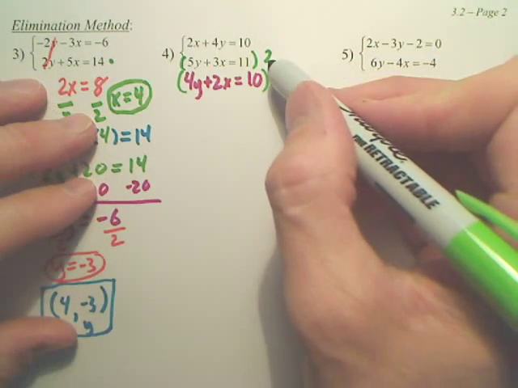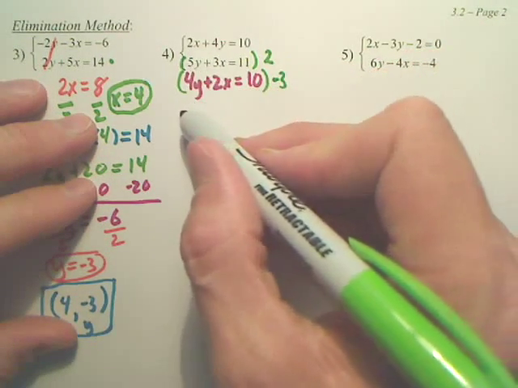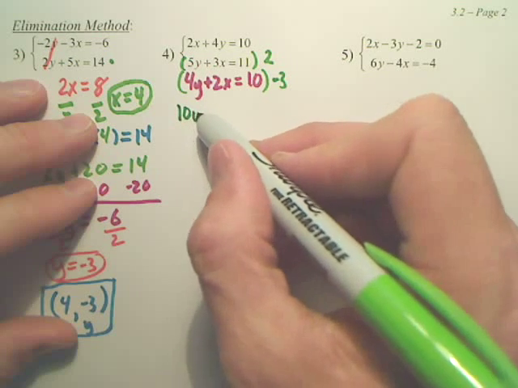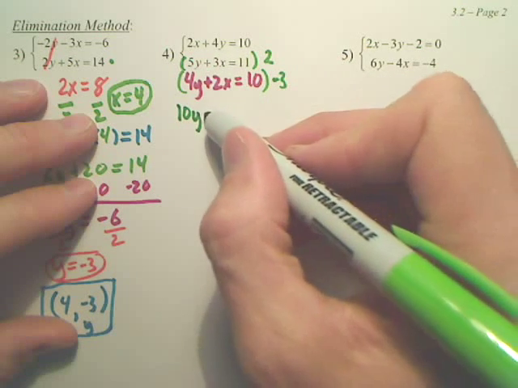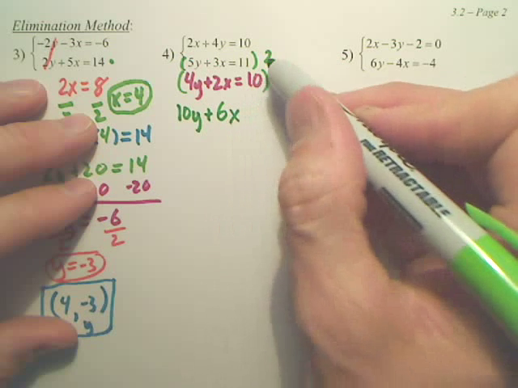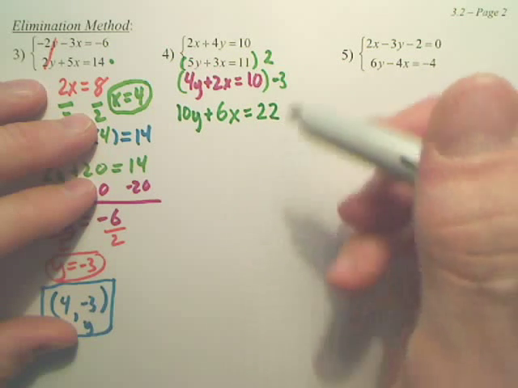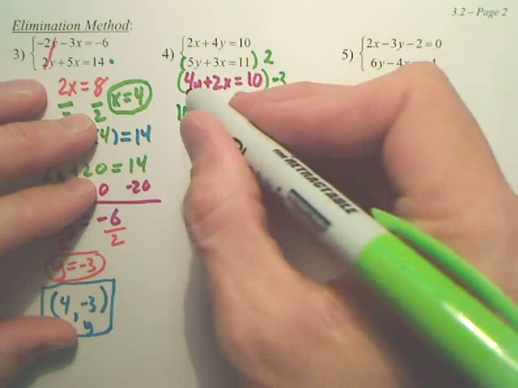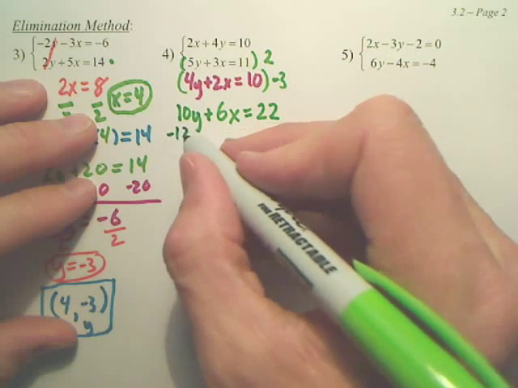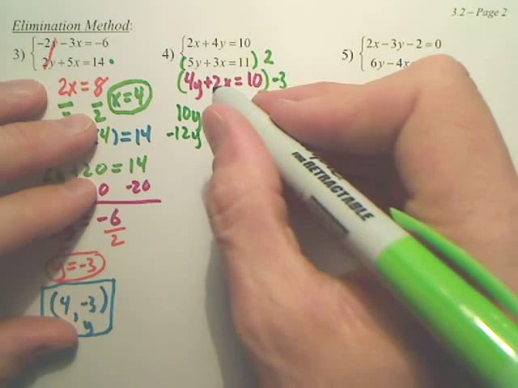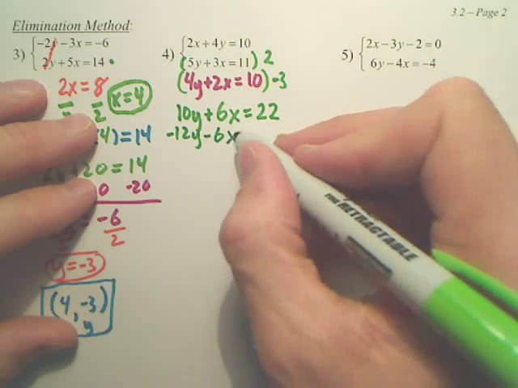So, if I multiply 2 times 5y, I get 10y. 2 times 3x, I get 6x. And 2 times 11, I get 22. If I multiply negative 3 times 4, I get negative 12y. Negative 3 times 2x, I get negative 6x.